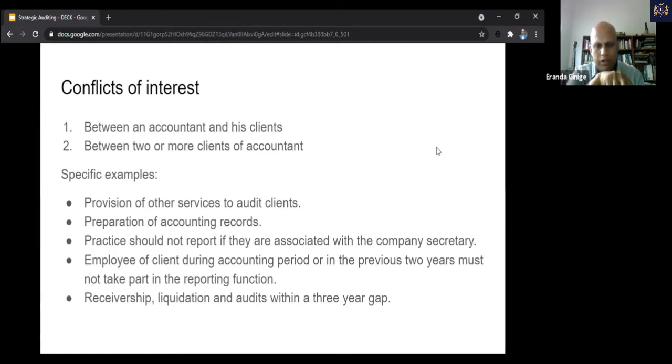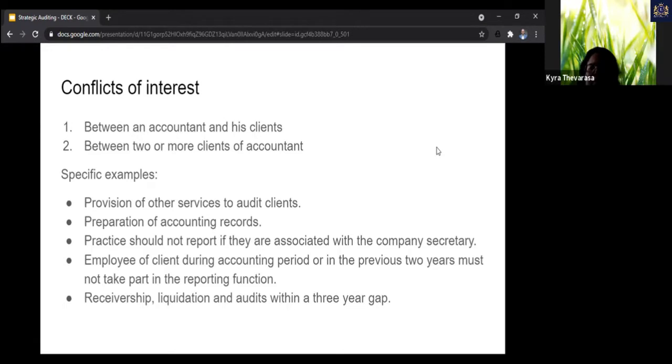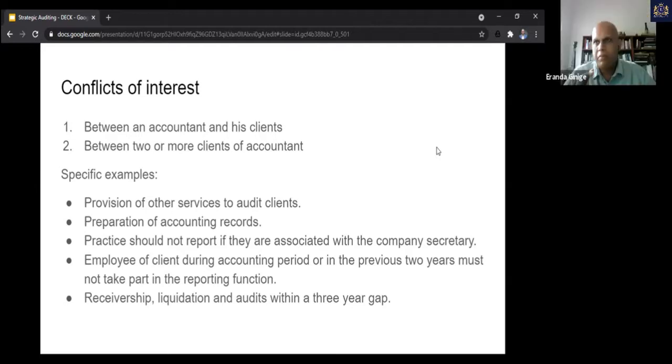So receiverships. What's meant by receiverships is when companies sometimes go into financial trouble. They're not yet bankrupt, but they may be heading towards that.